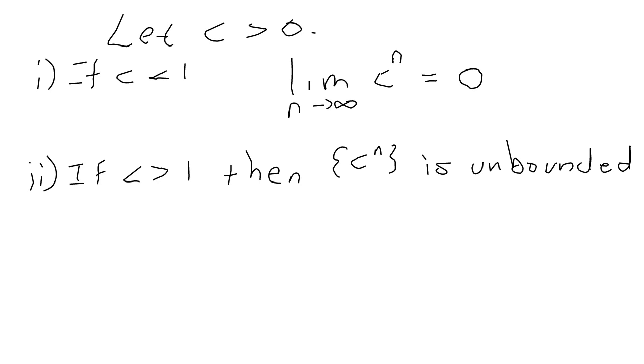Because as it says, it's going towards infinity, so it's not bounded at all. So when something is not bounded, it doesn't converge. When it doesn't converge, it's not bounded. Both of them are the same thing. Well, I shouldn't say that. That's not true. You can be bounded but not converge.